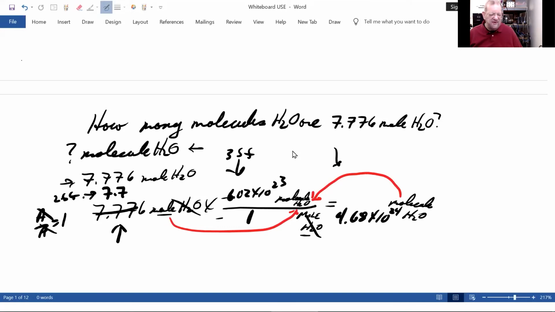And when you do multiplication or division, the number you get should have the same number of significant figures as the number that you multiply or divide that has the lowest. Remember, exact numbers, which 1 is, are not considered when you're determining significant figures.